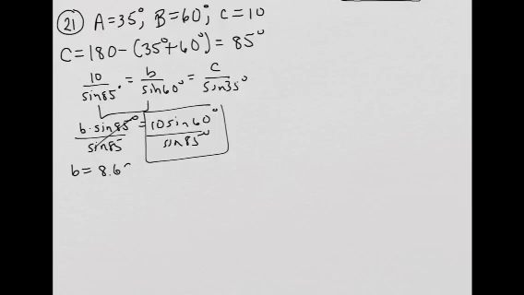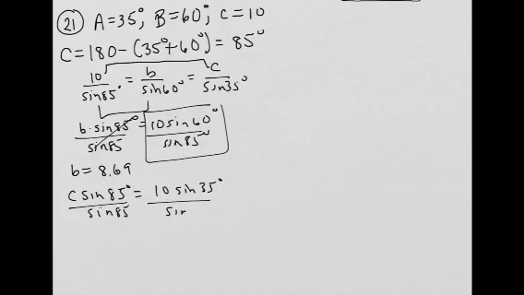Okay, and then to find side C, go back and use the first one and then that one, right? So it's going to be C sine 85 equals 10 sine 35. So divide by sine 85. And so C equals whatever you get here on the calculator.